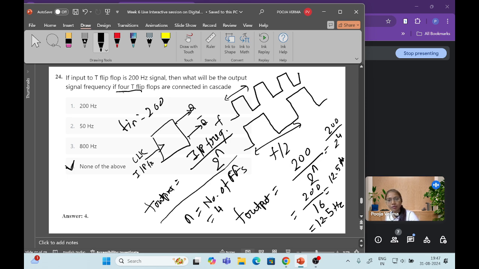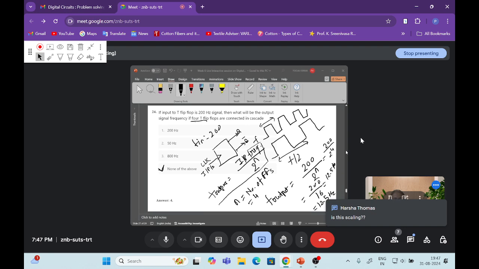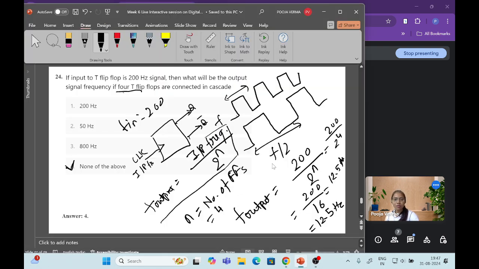This is a formula to find the output frequency of any flip-flop. If the input frequency is given, you can find the output frequency. This is an example of scaling. Flip-flops can be used for scaling frequencies. Here the input frequency is 200 Hz, but when we connect multiple flip-flops in cascade, we get the output frequency scaled down by 2 to the power n.